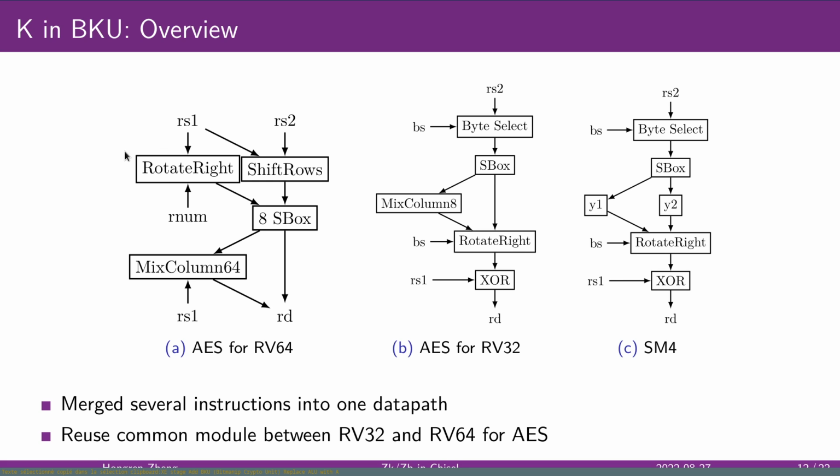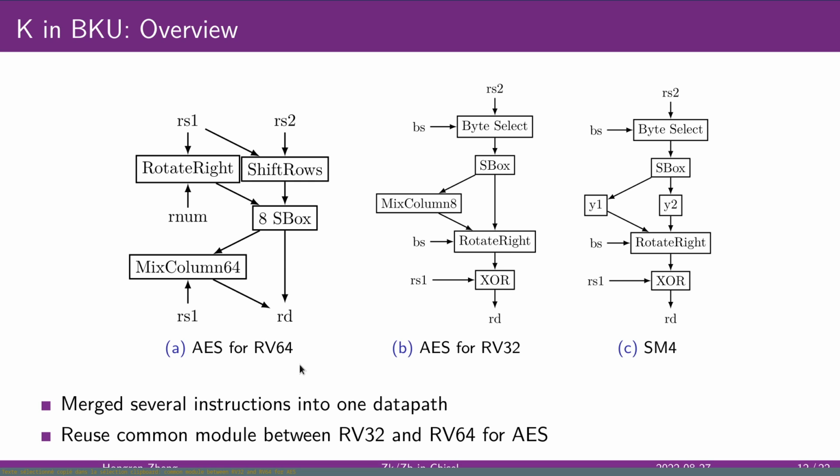These are some data paths of them. Because of the hardware cost, the instructions for the 32-bit architecture and the 64-bit architecture are very different. In 64 bits we have 8 S-boxes, and for 32 bits we only have 1 S-box, and other modules are different. We will talk about reusing common modules later.